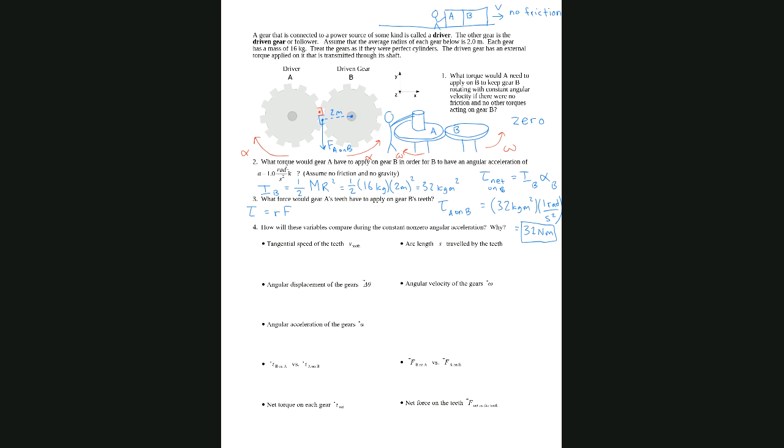Let's plug in the desired torque, 32 Newton meters, and then we'll plug in the radius of the gear, and we should be able to solve for that force. So if you solve that, you'll get that the force of A on B must be 16 newtons.